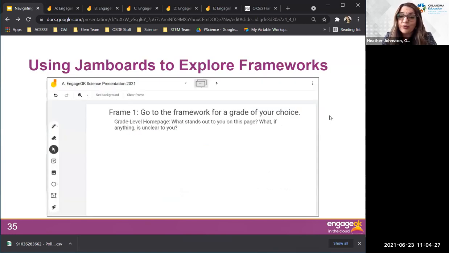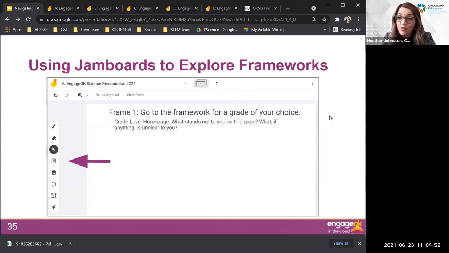We are going to be using Jamboards together to explore the frameworks and share our thinking. And just in case some people are not familiar with Jamboards or how to navigate this particular app, we wanted to go over those controls. Up at the top, you will find all of the different frames which you can navigate in between.